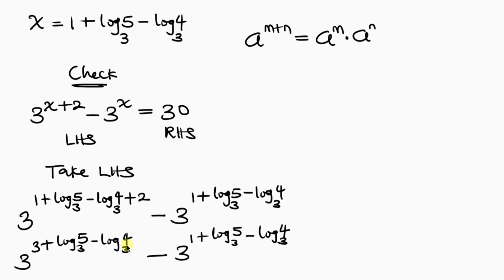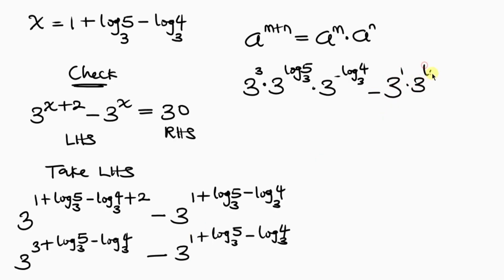So that means this expression now becomes 3 to the 3 times 3 to the log 5 base 3 times 3 to the negative log 4 base 3, and then we have minus 3 to the 1 times 3 to the log 5 base 3 times 3 to the negative log 4 base 3.